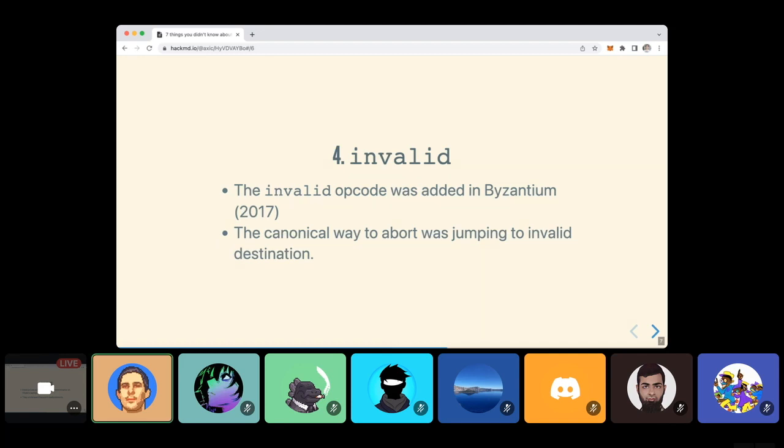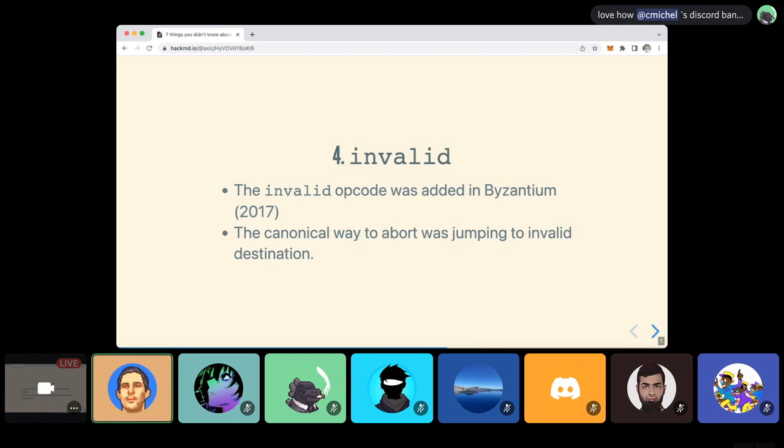So if you would have in 2016, before this agreement, just used an opcode because the opcode hasn't been assigned at that time, and used it as a feature to abort, imagine that maybe 2 years down the line, the opcode you have used gets assigned, and suddenly the semantics of your contract change. That's why it was important to agree that there would be this invalid opcode, which is never going to be assigned.